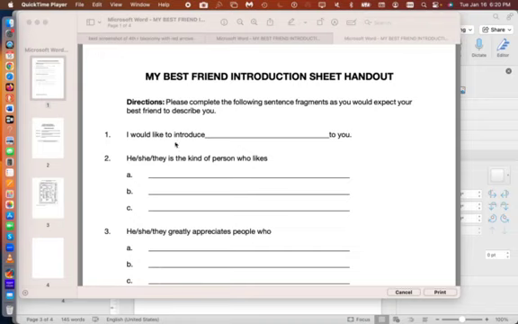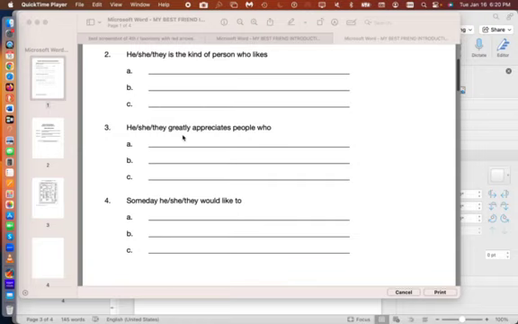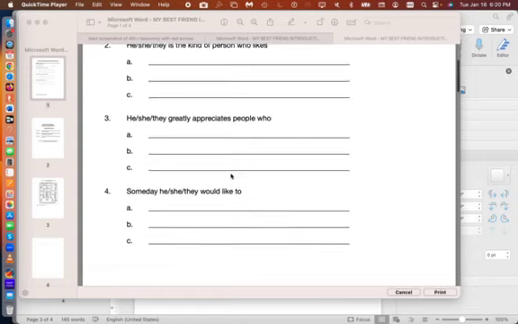So in this case, if I were standing behind the chair, I'd say, I'd like to introduce you to Richard Solomon. He is the kind of person who loves people, plays handball. I'm just giving you an idea. He appreciates people who are honest, truthful, and authentic.